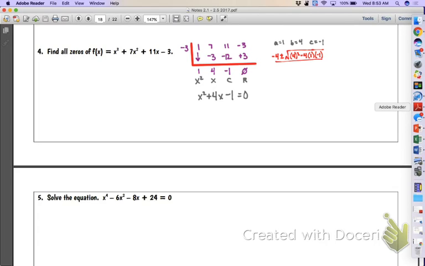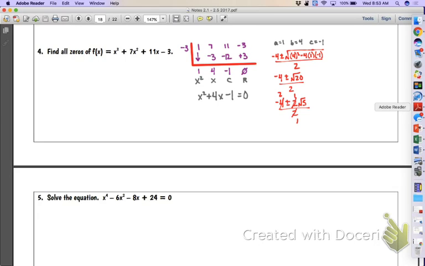Divided by 2. So I have negative 4 plus or minus the square root of 16 plus 4, so the square root of 20, all over 2. Negative 4 plus or minus 2 square root of 5 all over 2. That's a 2, that's a 1, that's a 1.